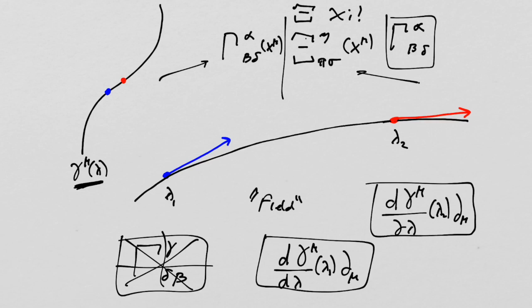And what do we know about connections? Well, they are what gives us the rule about how to parallel transport a vector along a curve. We know how that's done. So we can immediately imagine taking this blue curve, this blue tangent vector, and using gamma, we could parallel transport it to this point here, and we'll get some result, right?